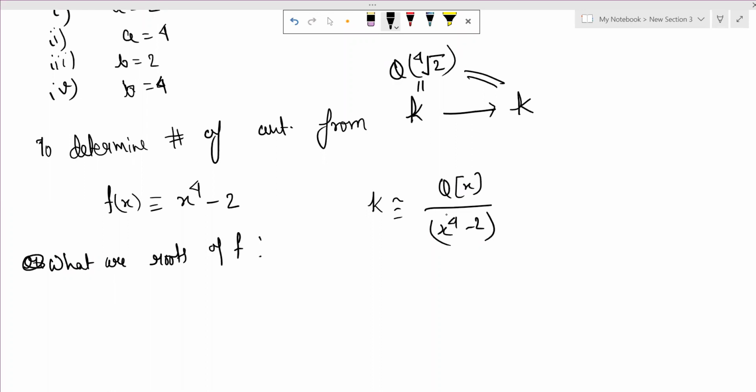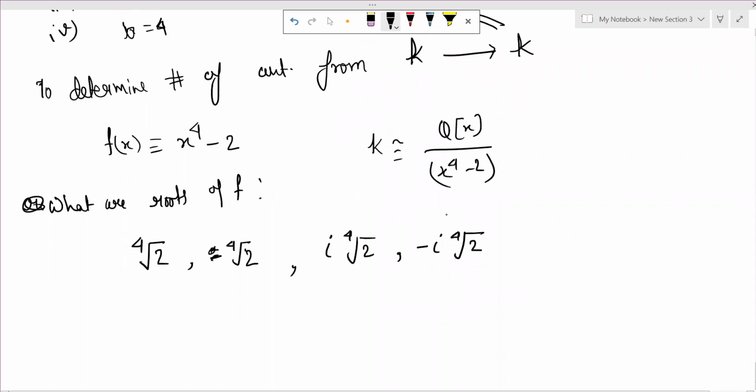These are precisely the fourth root of 2, which is a real number. Then you can just multiply it by the fourth roots of unity: 1, minus 1, iota, minus iota. So the roots are the fourth root of 2, minus the fourth root of 2, iota times the fourth root of 2, and minus iota times the fourth root of 2.